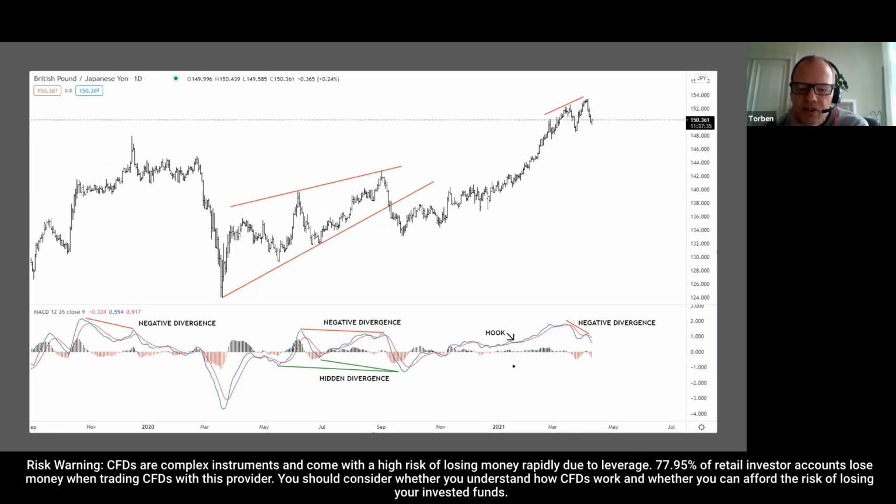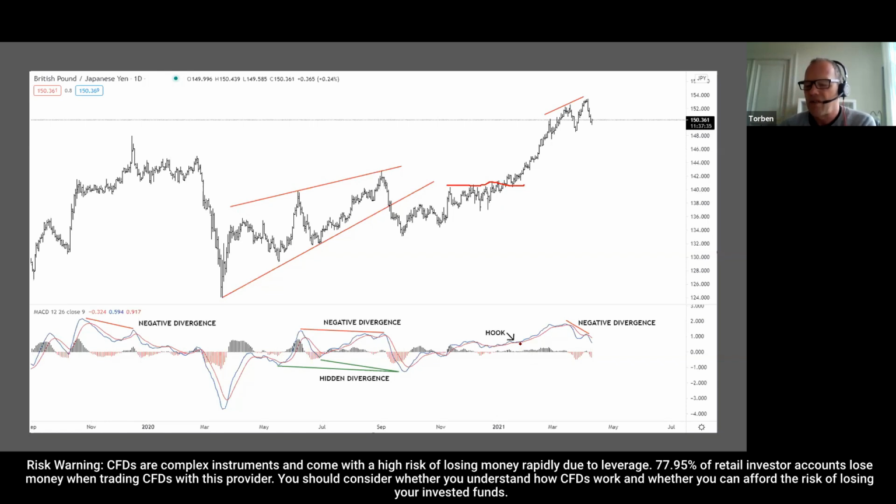This one is called the hook, and the hook is when you see the two lines just following each other. It doesn't really break. You are in an uptrend already, and it just moves very close. It doesn't break, and then it takes off. What you normally would see from those is that they indicate that a strong move is coming next.